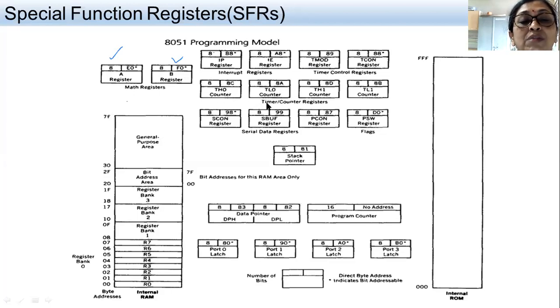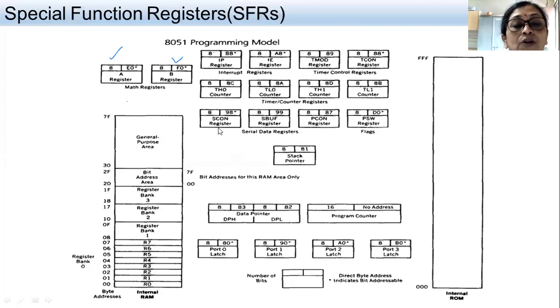Again, you can observe here 4 timer counter registers. Out of these 4 timer counter registers, some are related to timer number 0 and others to timer number 1: TH0, TL0, TH1, TL1. All these are timer counter registers. Apart from this, there are 4 registers, and out of these, 3 are serial data registers and the 4th register is flags.